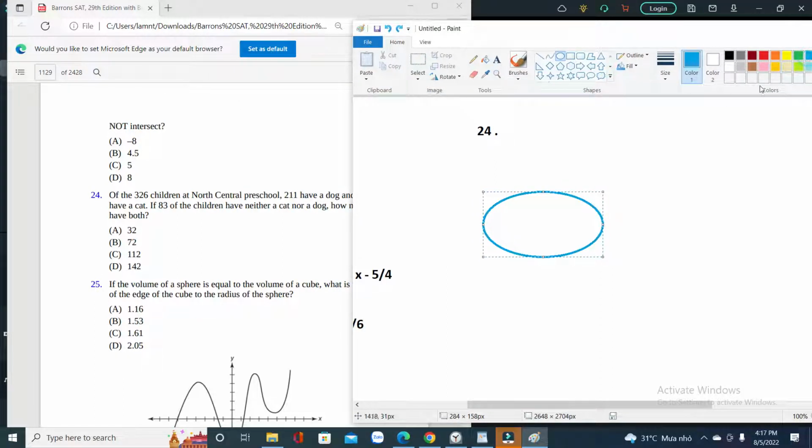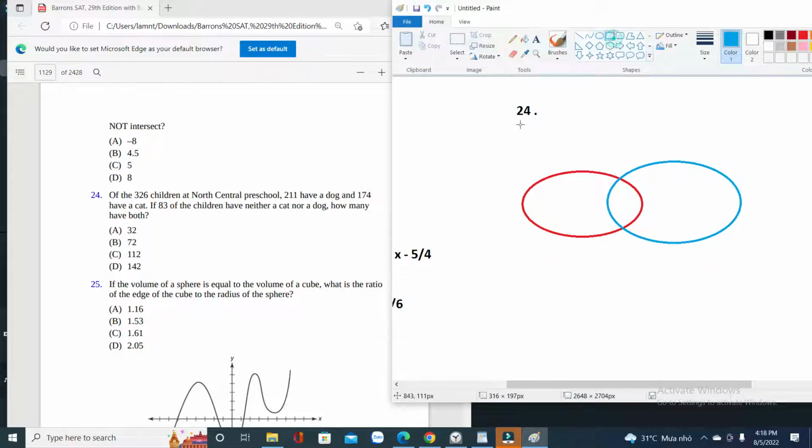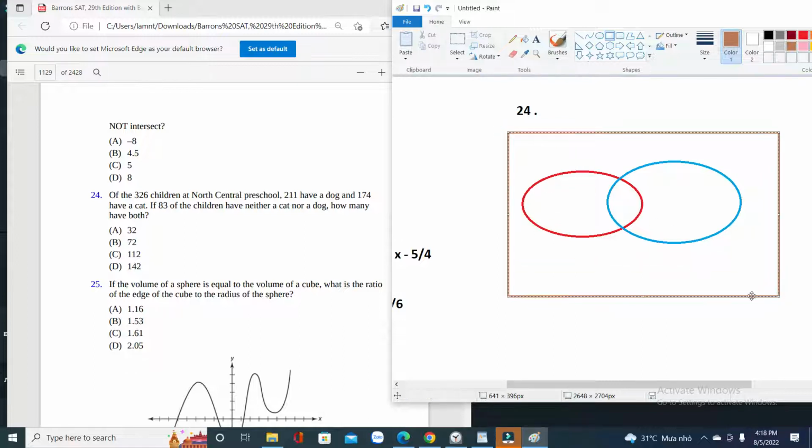So let's draw a cat in red, and a dog in blue. And all of this lies within the total number of students, so let's call it some brown color here. This is the total number of students.